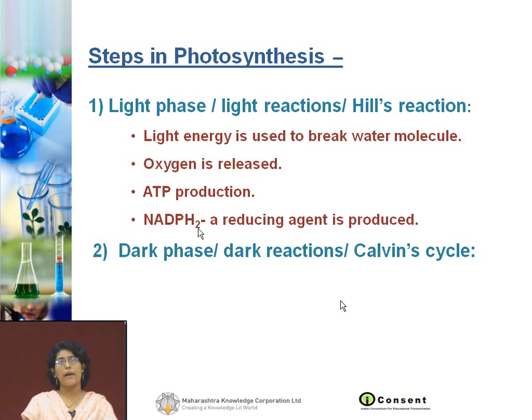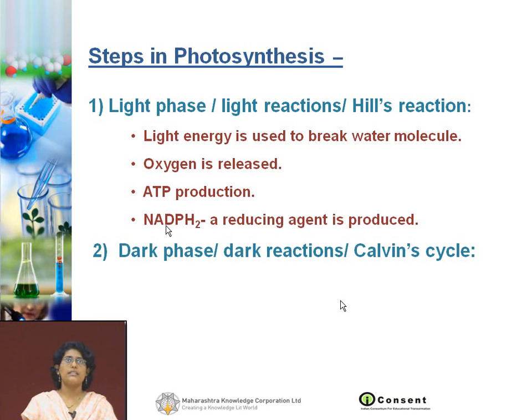That is, when it binds with another molecule, it donates its hydrogen atoms to that molecule and reduces it. The acceptance of hydrogen atoms is called reduction, and the donation of hydrogen atoms is called oxidation. So, this NADPH2 molecule is a reducing agent. That means it will donate its hydrogen to other molecules.